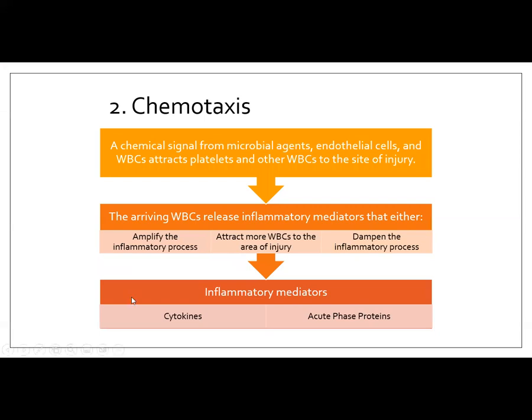So basically, they either amplify, causing more white blood cells to come, or they just say, we don't need this. It's like either saying, I want more, I'm going to continue what I'm doing, or I want less. And these inflammatory mediators are your cytokines and your acute phase proteins.